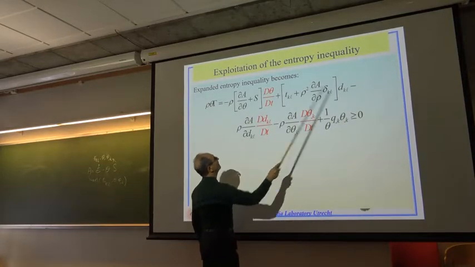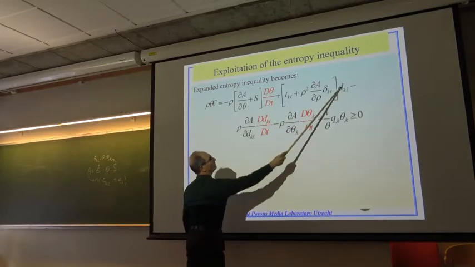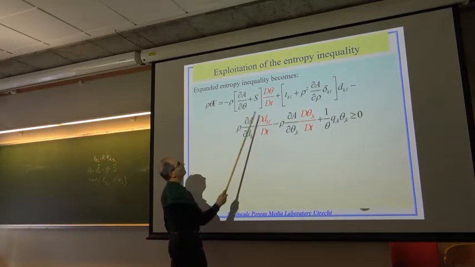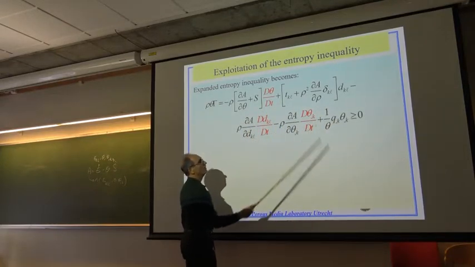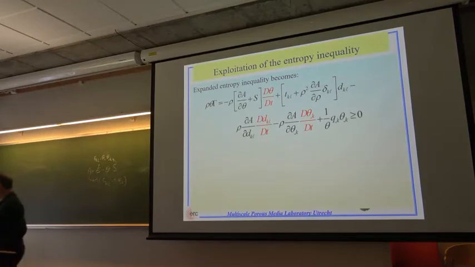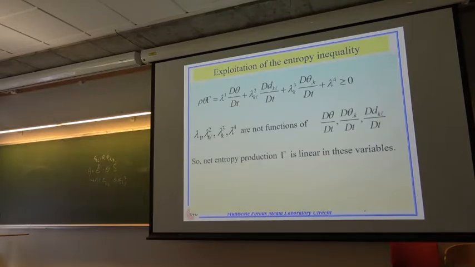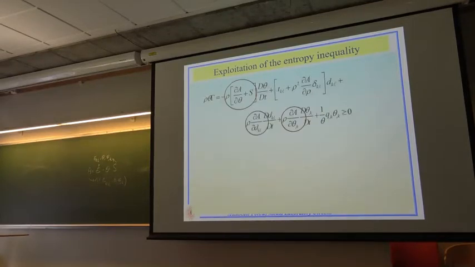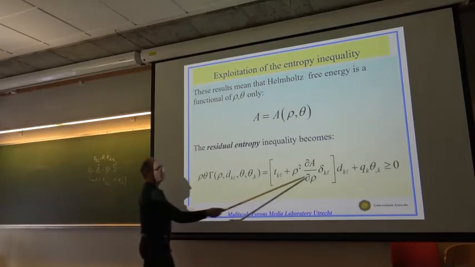Because this is a function of that, this is potentially a function of that, and all of these are functions of this. So the only requirement is that this must be 0, this must be 0, this must be 0, and then that sum is the residual entropy inequality. So we got always the result that A is only a function of rho and temperature, and in this case we find that this is the residual entropy inequality.